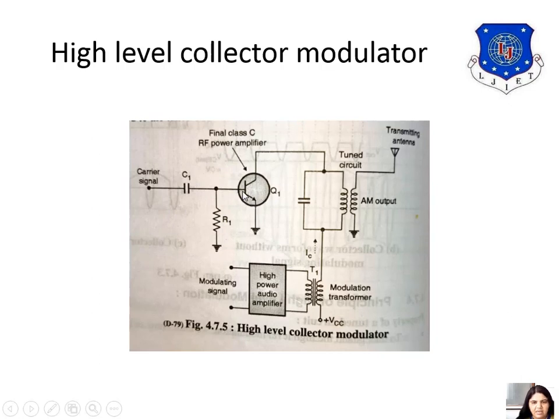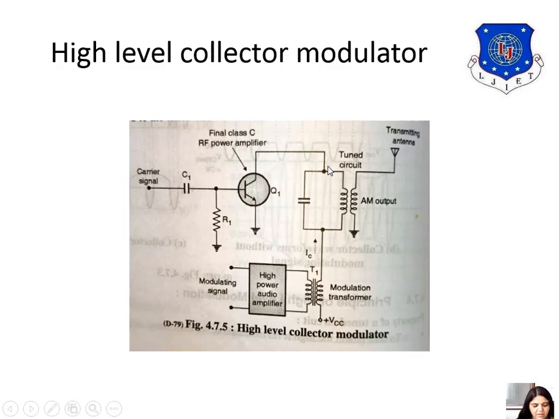Thus the collector current of Q1 forms current pulses, and those current pulses are applied to the tuned circuit. So the current pulses are the input. According to the width of the current pulses, the amplitude of the modulating signal can be changed.